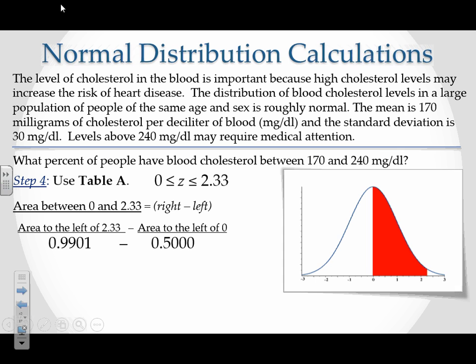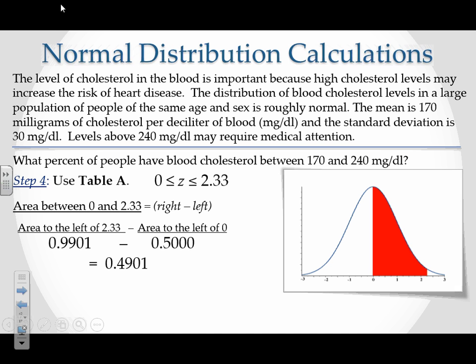So once you have your two percentages from the table, take right minus left, always big minus small, and that's going to give you your overall percentage. So for this particular problem, 0.4901 would be the percentage from our table.